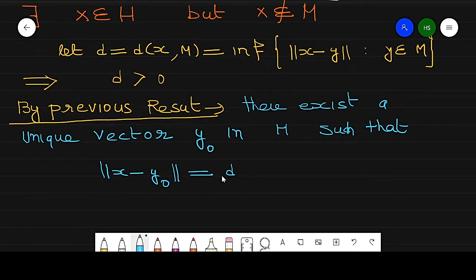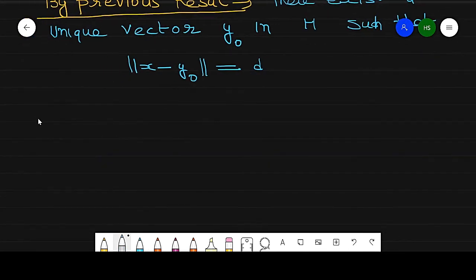So this is such a vector x minus y0 which equals D. Now suppose we name this vector as z naught, z naught which is equal to x minus y naught.